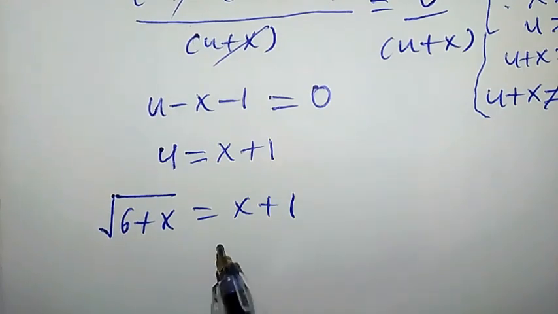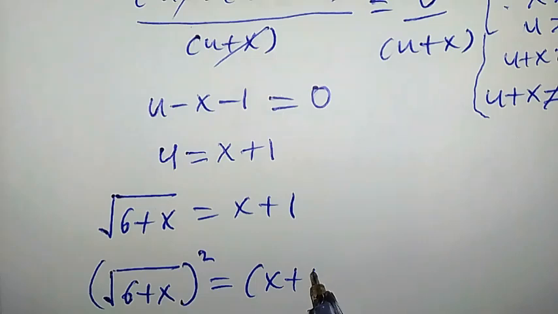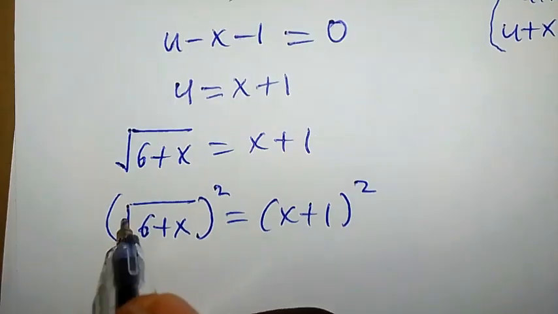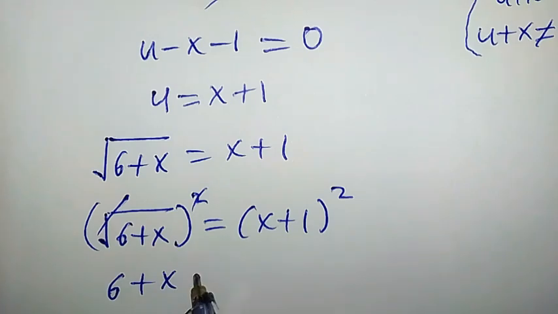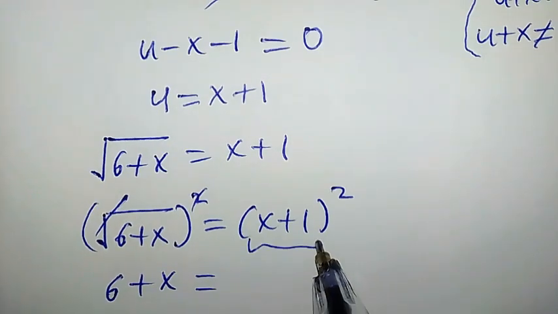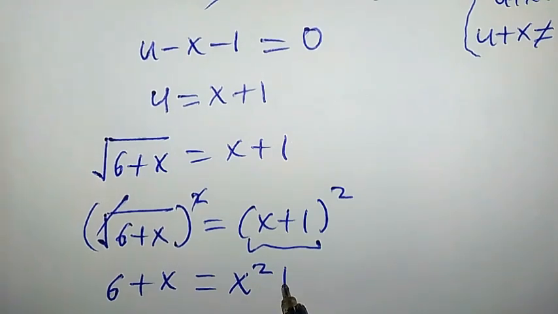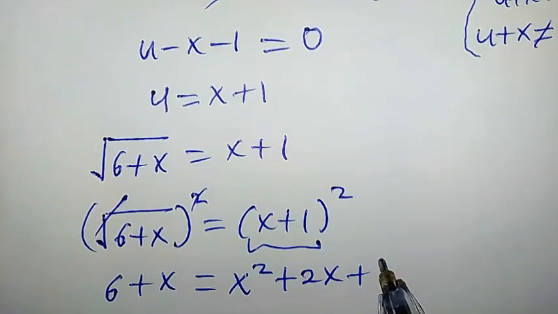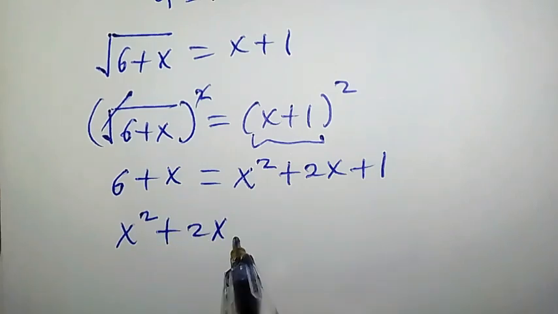Taking the square of both sides, we are going to have square root of 6 plus x times 2 equal to x plus 1 times 2. Clearly, these cancel each other, so we are left with 6 plus x equal to, if you expand this guy very well, you are going to get x to the power of 2 plus 2x plus 1.